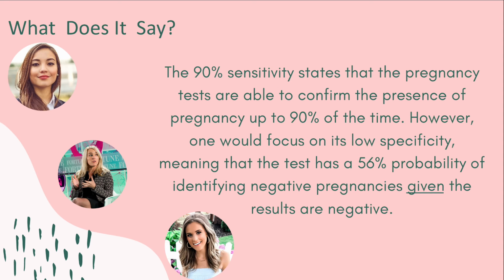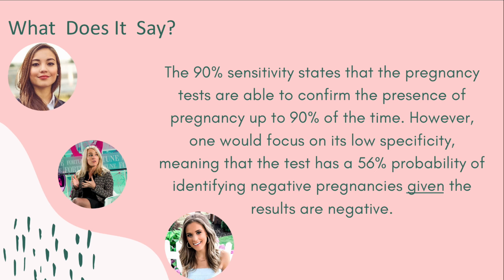So after working those two examples previously, what did the results truly say? The 90% sensitivity states that the pregnancy tests are able to confirm the presence of pregnancy up to 90% of the time. However, one would really need to focus on its low amount of specificity, meaning that the test has a 56% probability of identifying negative pregnancies, given that the results are truly negative.